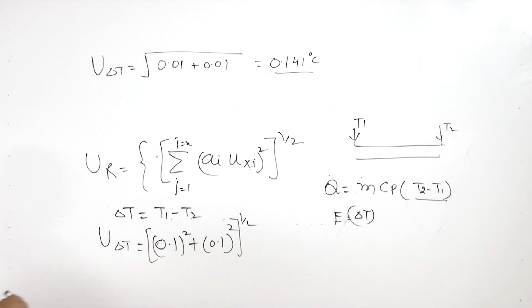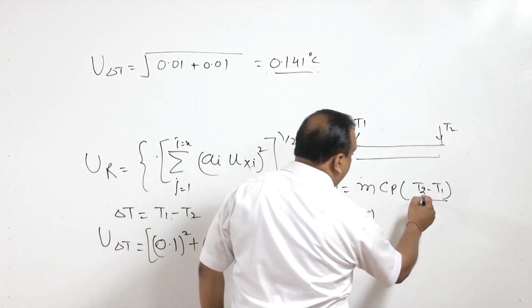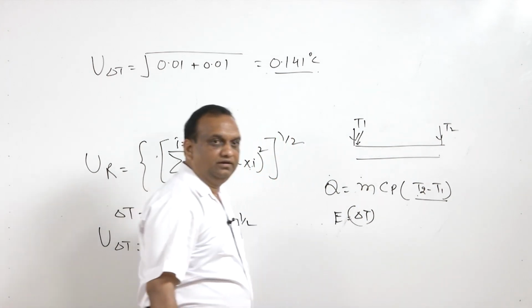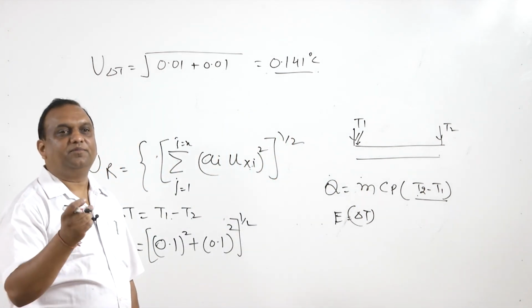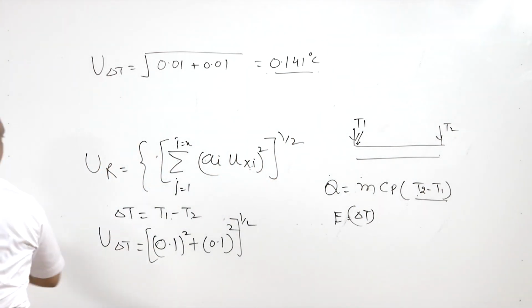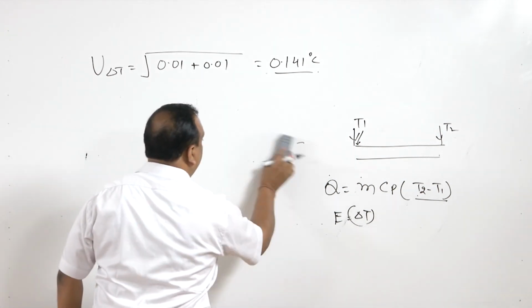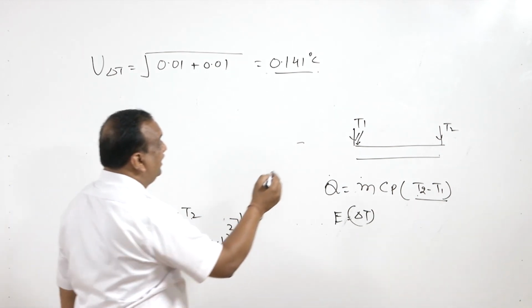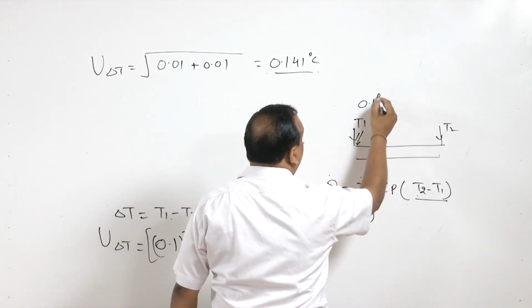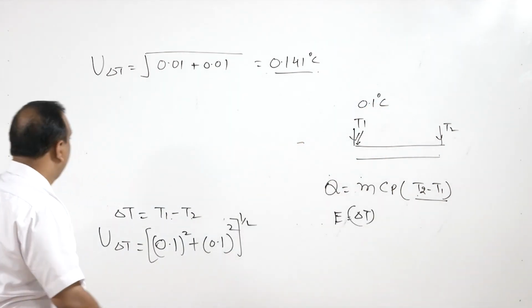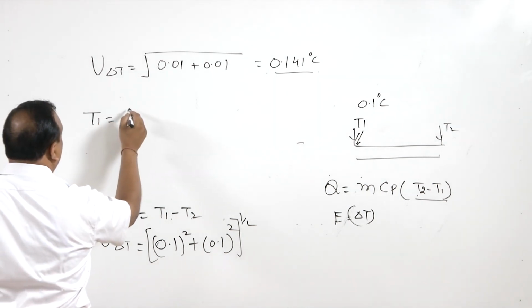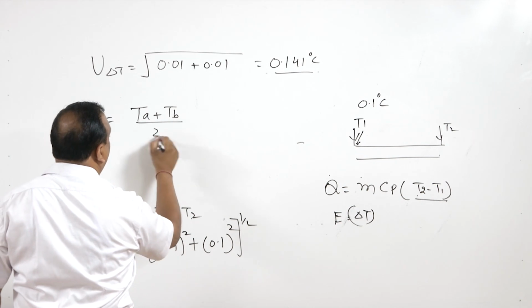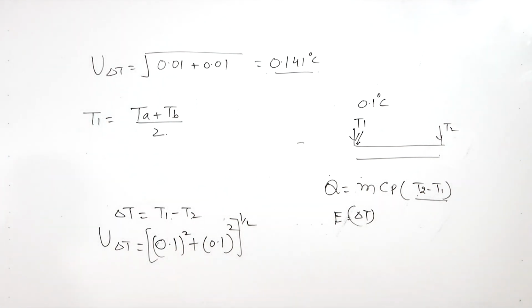On the other side, inlet temperature is measured by two thermocouples, for example. Inlet temperature is measured by two thermocouples. So each thermocouple has accuracy of 0.1 degree centigrade. So T1 is TA plus TB, which are fixed at the inlet, divided by 2.